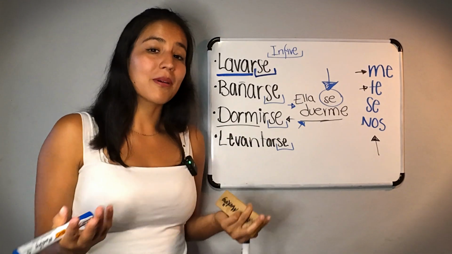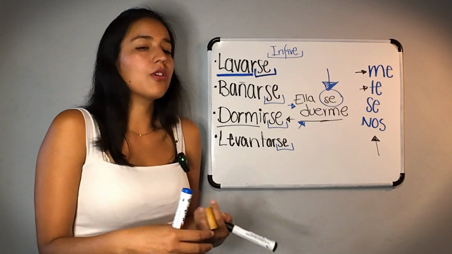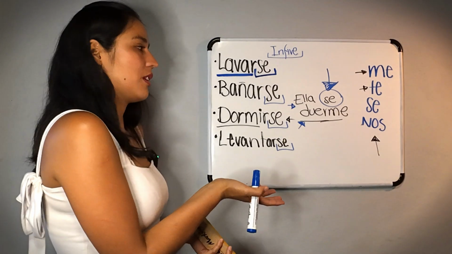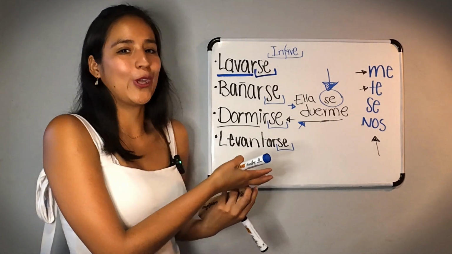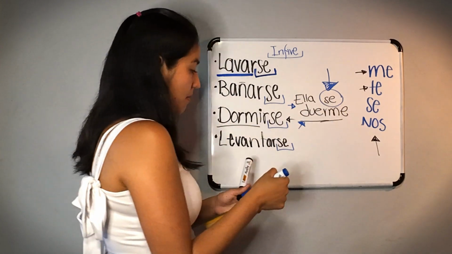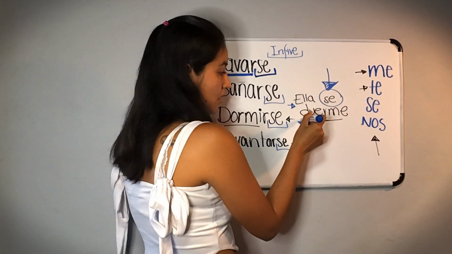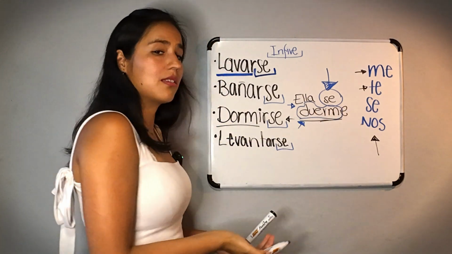The hard part is understanding what I mean, because in English you don't have that. You don't use reflexives. You don't really say, I put myself to sleep. That's why it's so weird for you, okay? And remember, if in the present the root was irregular, it's the same.